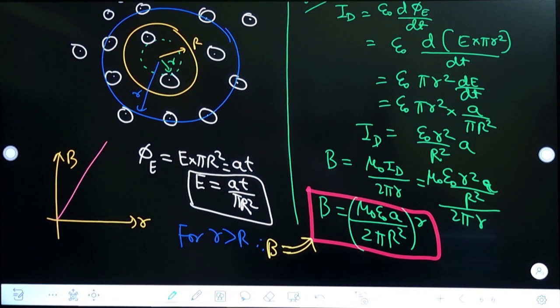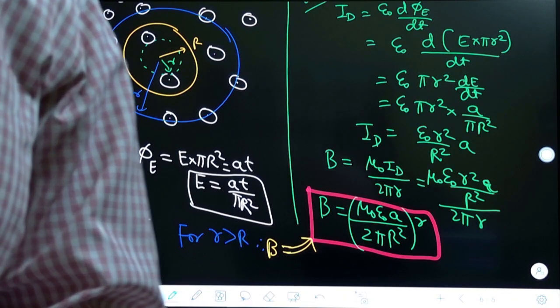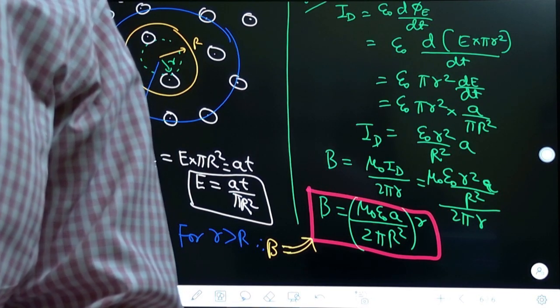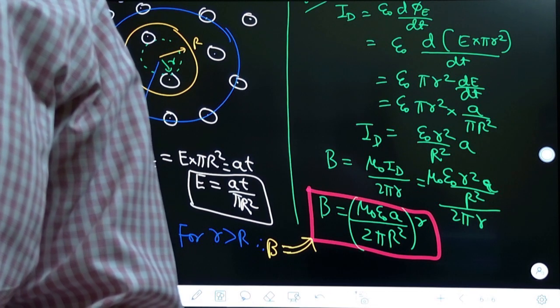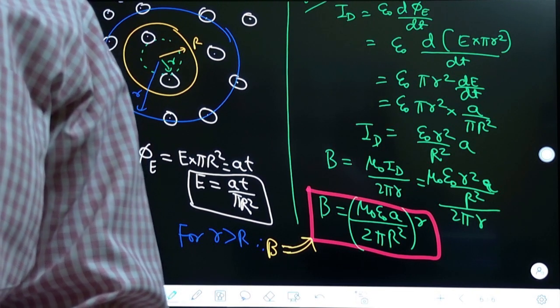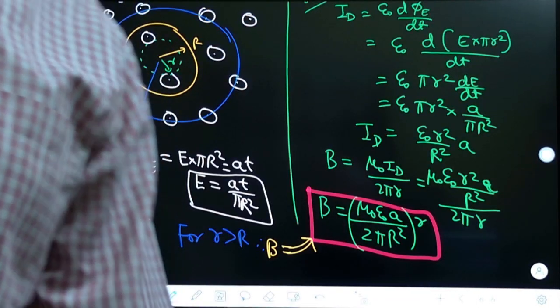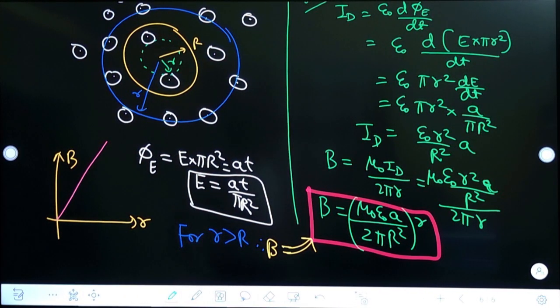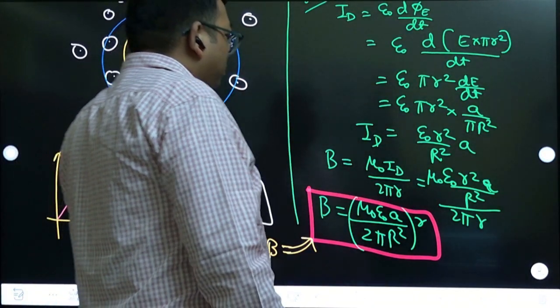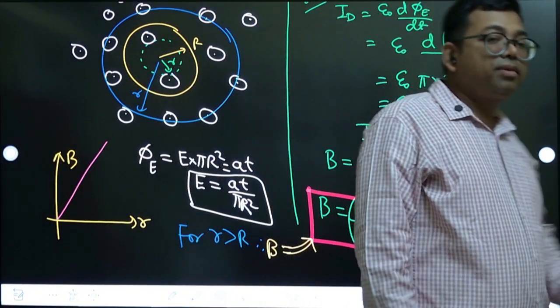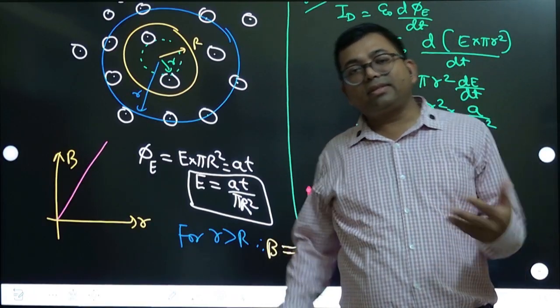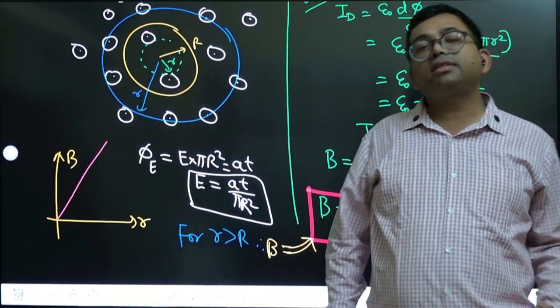Anyone, any doubt, any confusion? Done. So today we have completed up to this displacement current. We have solved problems also. See, the thing is that as much as you discuss, it will benefit you.